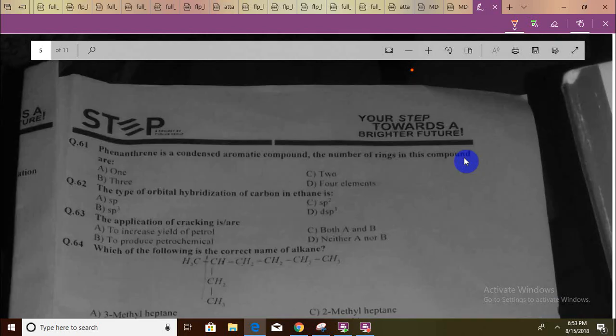Phenanthrene is a condensed aromatic compound. So the number of rings in this compound are, so we have anthracene, and anthracene is a fused molecule.